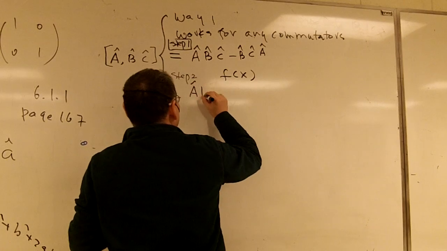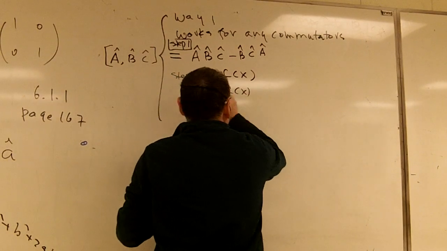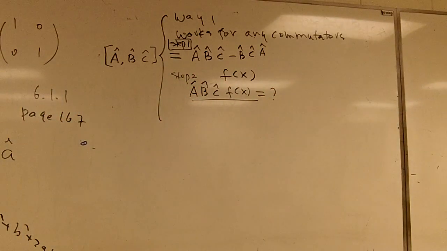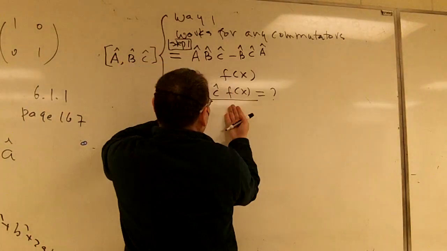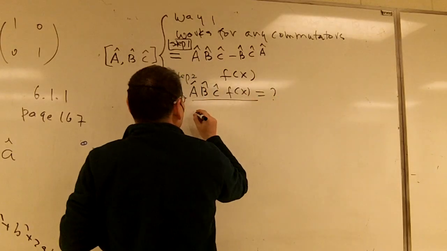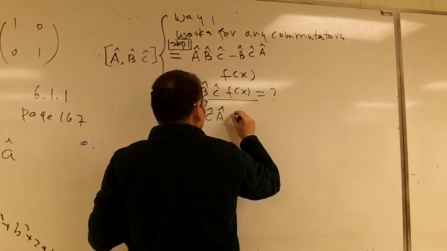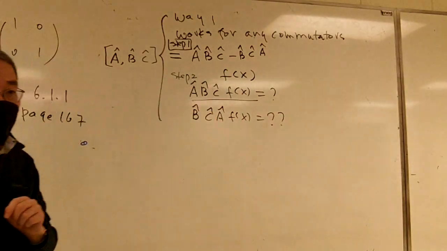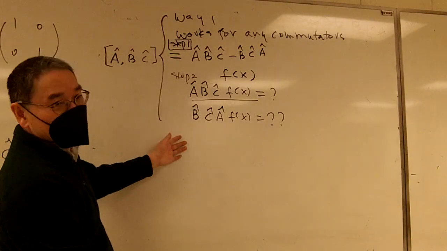The next step, you're going to calculate how large this one will be. That's the second step. So this is essentially the first term, you'll get this. Second term, you can get A, B, C, A, f of x, and how large this one is going to be. And then you subtract from each other.